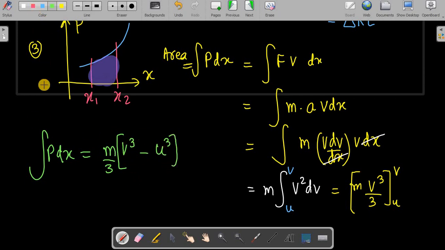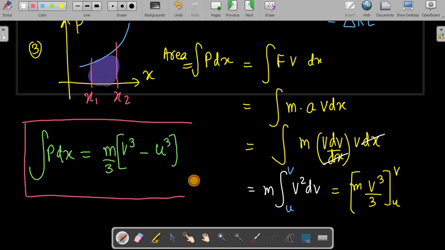This is an important concept, because some questions give this area to calculate. So these are some graphical concepts.